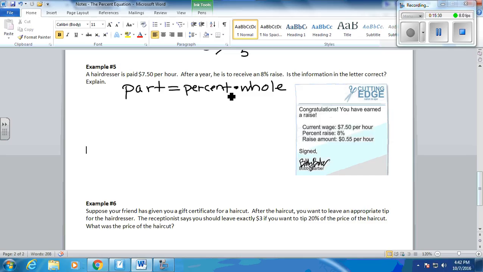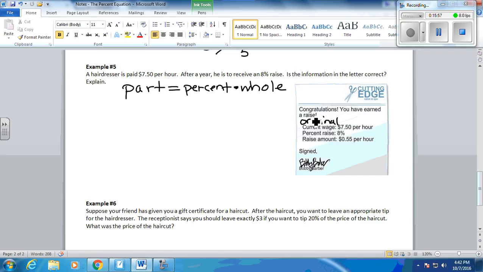So when they're saying current wage, that's the same thing as saying his original hourly wage. And the raise would be the part that he gets increased. So he only gets a piece of his current wage increase. It's not like they're just doubling his wages.